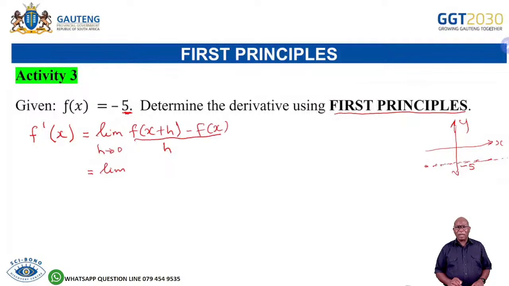There's no x attached. But yes, I can say this is the same as negative 5 x to the power of 0. Now you know your exponents, x to the power of 0 is nothing else but 1. So it will be the same as negative 5 times 1, which is negative 5.